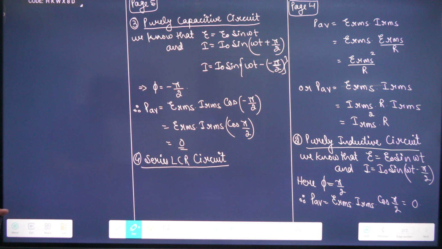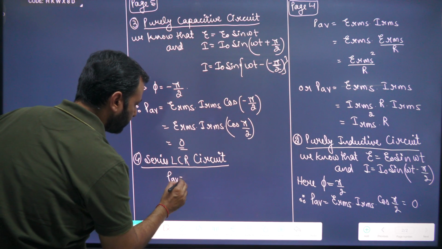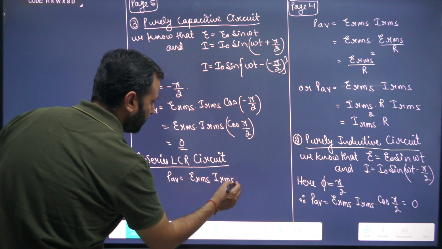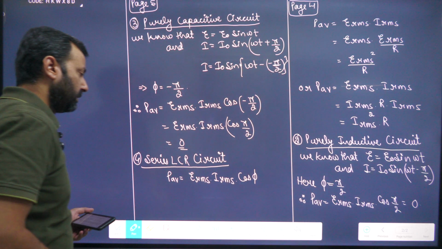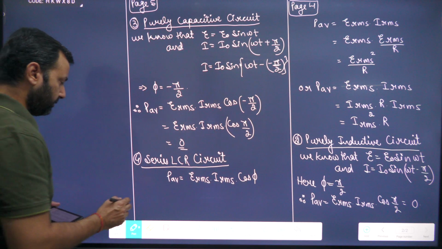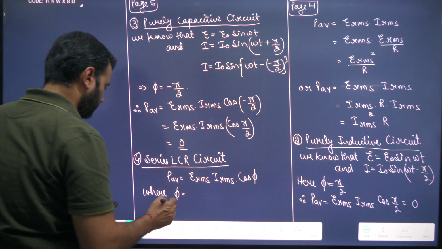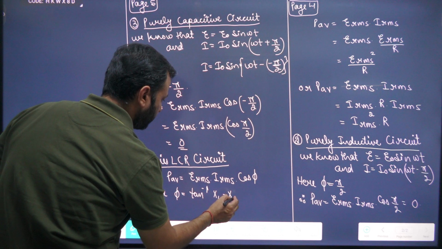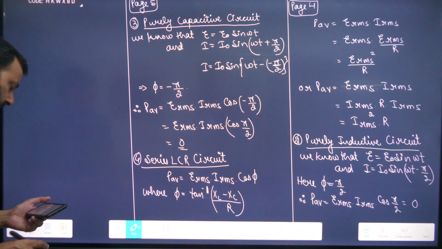For a series LCR circuit, P average is equal to ERMS into IRMS into cos phi, where phi is equal to tan inverse of XL minus XC upon R.